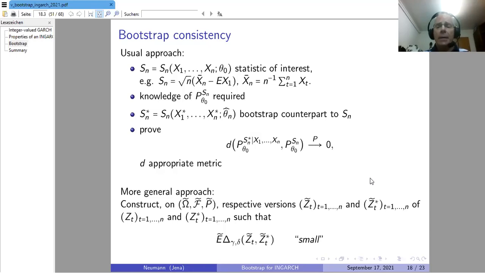Our approach is to construct, on an appropriate probability space, versions of these processes such that the difference between the original variables and the bootstrap variables is small in an appropriate sense. And having such a general result, the consistency of the bootstrap approach follows immediately for different types of statistics. This is the important advantage of this different approach here.